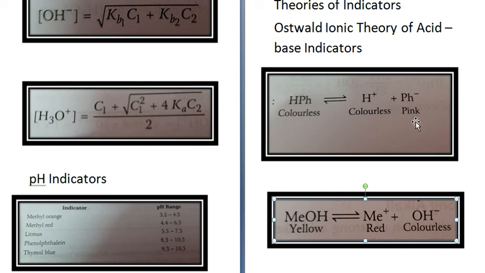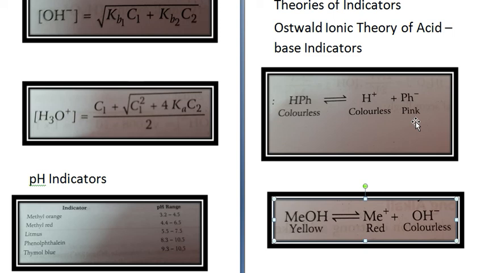So the undissociated phenolphthalein is colorless, and Ph minus ions are pink. In acidic solution, it is colorless due to shifting of the equilibrium towards the left because of the common ion effect, and it is reverse in basic solution as the equilibrium shifts towards the right side and it shows pink color.